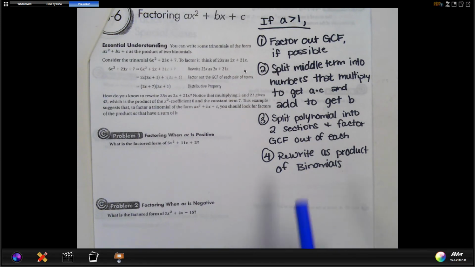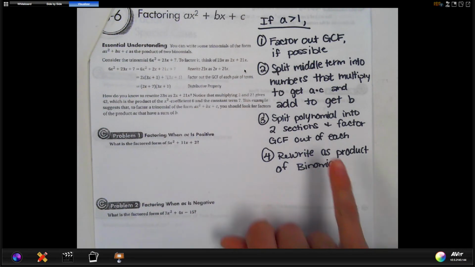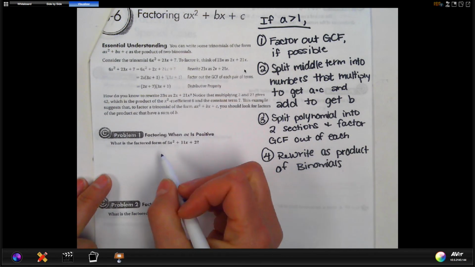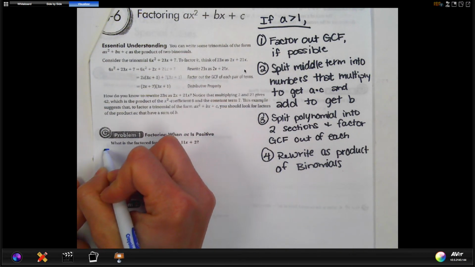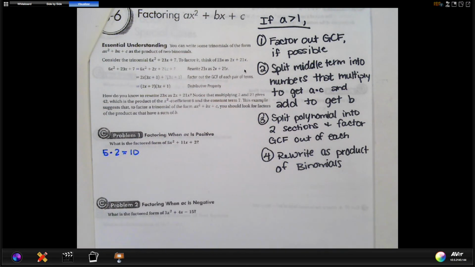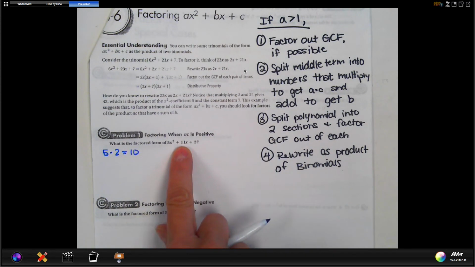So we're going to split this middle term right here, 11x, into 2 terms. The 2 terms have to multiply to get a times c. So in this case, a times c would be 5 times 2. So the 2 terms have to multiply to get 10, but they have to add to get b, which is 11.